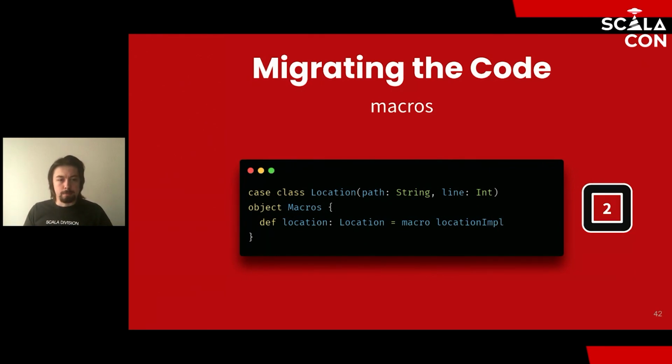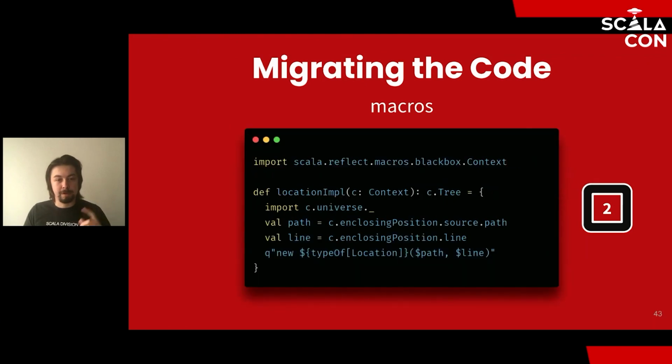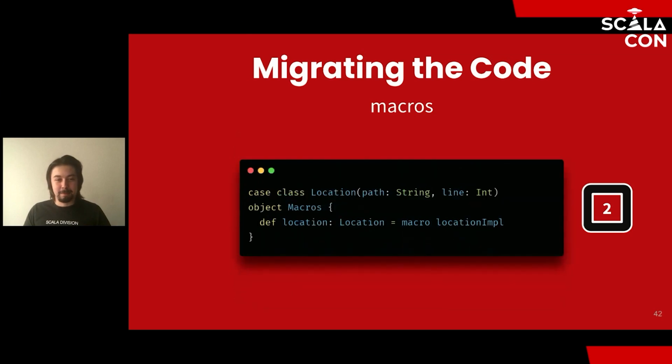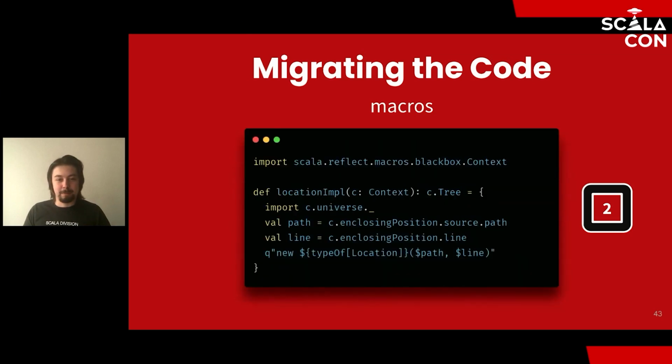And we create a location with this macro. So we say def location of type Location is a macro call to this locationImpl method, which contains something that will generate a location. So in Scala 3, this won't compile. This is the implementation of the locationImpl method.